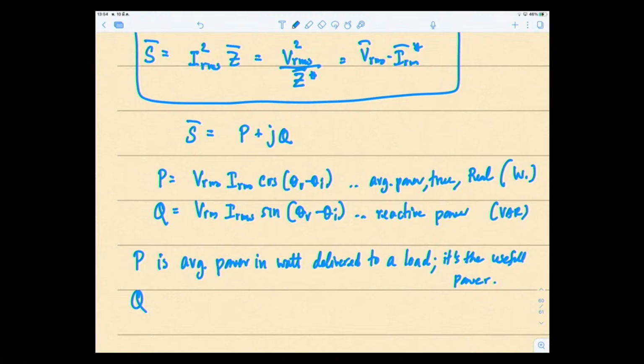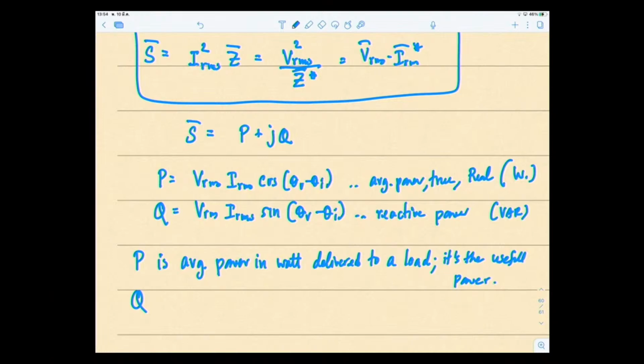So there's really no net energy lost to conversion to heat in the inductor or capacitor. That's why the true power is zero in the capacitor or inductor. Maybe there is some loss in the inductor from the winding resistance, but it's very small and negligible. So that's why the average power in the inductor or capacitor is 0.